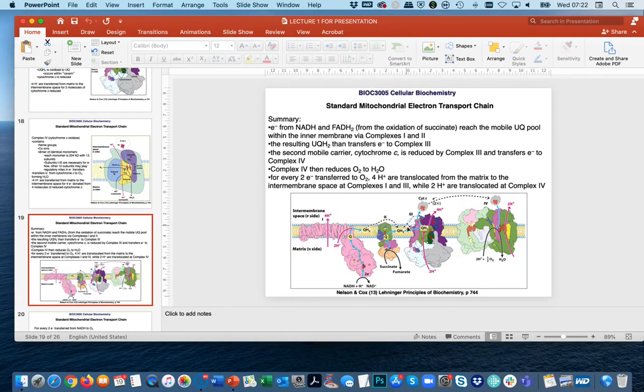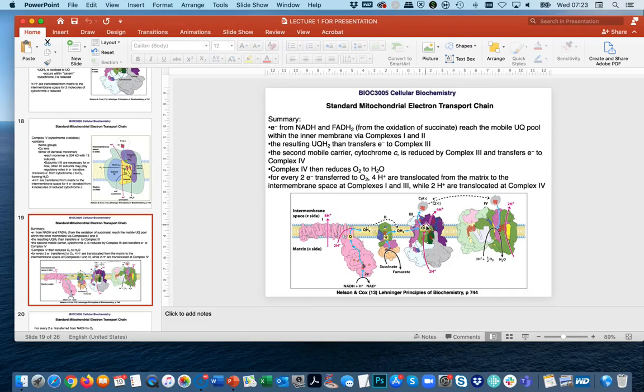and then the UQ pool in the reduced form of ubiquinol transfers electrons to cytochrome BC1, that cytochrome complex or complex 3, and then cytochrome C is ultimately reduced on the inner mitochondrial membrane space, and it can then transfer electrons to cytochrome oxidase, complex 4, and that's where we see the reduction of oxygen to water.